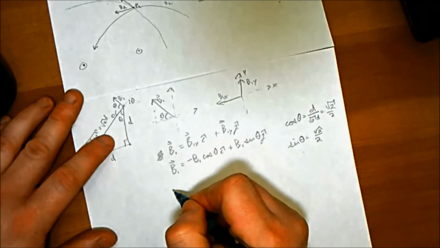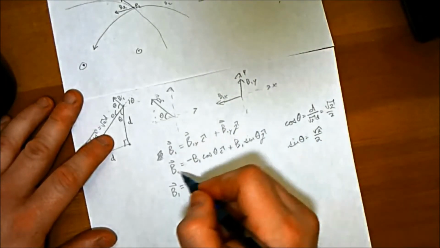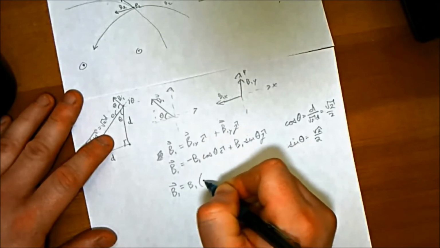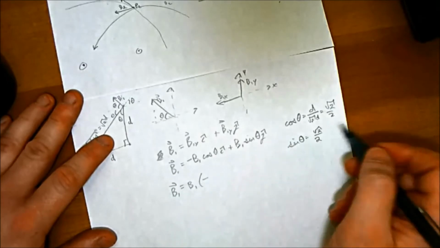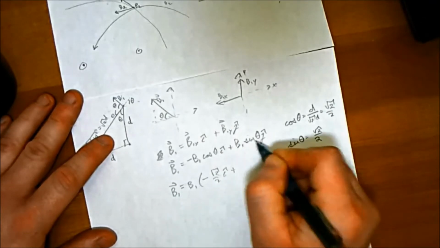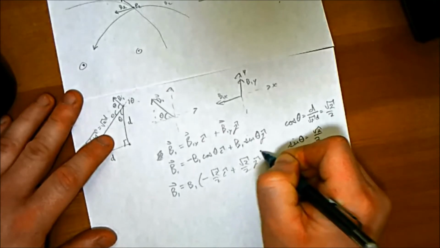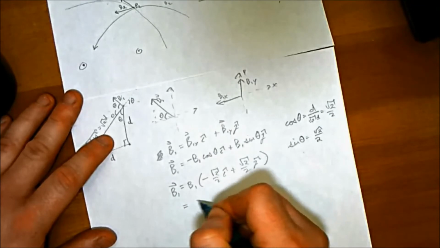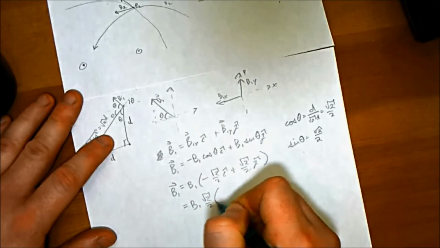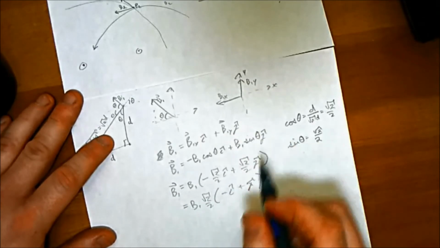Okay, so B1, I can factor out just this magnitude B1, and that leaves me with negative cosine of theta, which is root 2 over 2 i hat, plus sine of theta, which is root 2 over 2 j hat. Well, I can factor that even more and say this is B1 times root 2 over 2 negative i hat plus j hat.